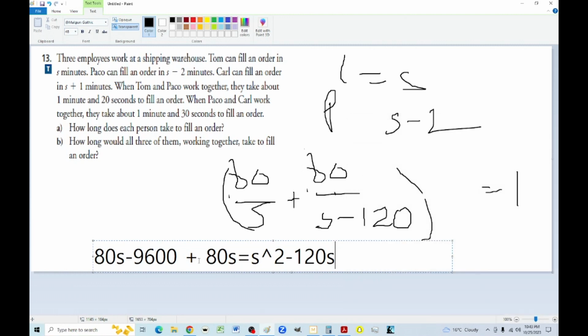We got 160S here if I've done it correctly. And we got to put that to the other side. So you get 280S. And I got to add 9,600 is equal to 0.